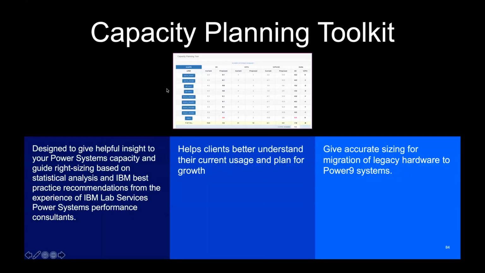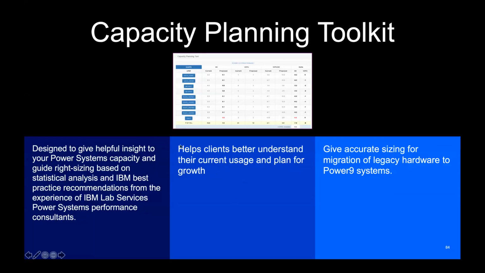So the first one is designed to give helpful insight to Power system capacity and right sizing partitions based on statistical analysis and best practices of IBM and from the IBM Lab Services experience across the world from the performance consultants like myself. We try to help clients better understand their current utilization and plan for growth.